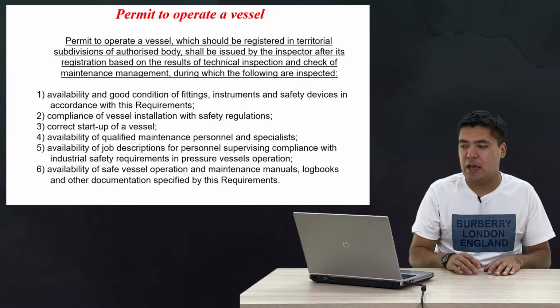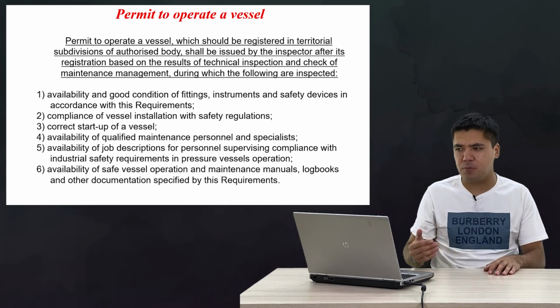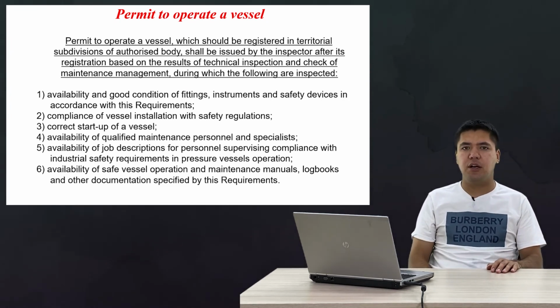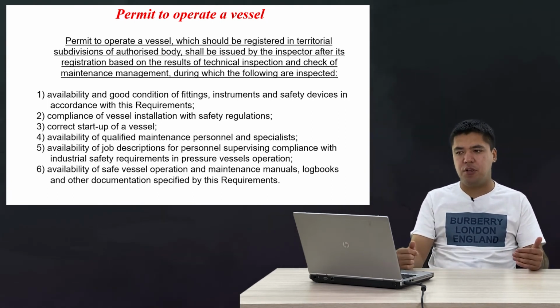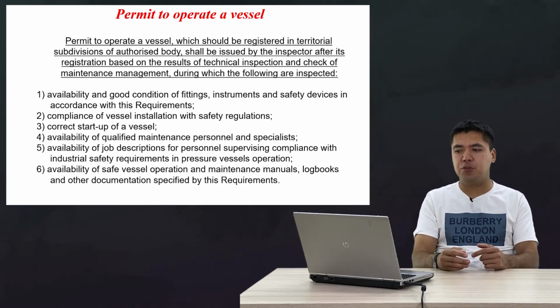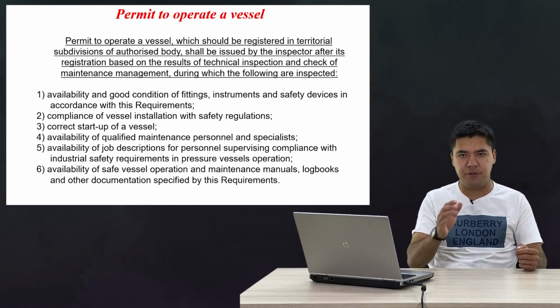And what shall be inspected to permit operation? First of all, availability and good condition of fittings, instruments and safety devices. Then compliance of vessel installation with fire safety requirements.